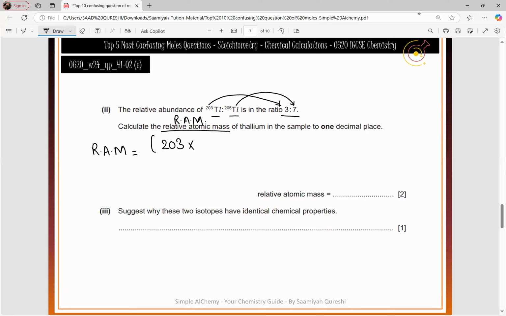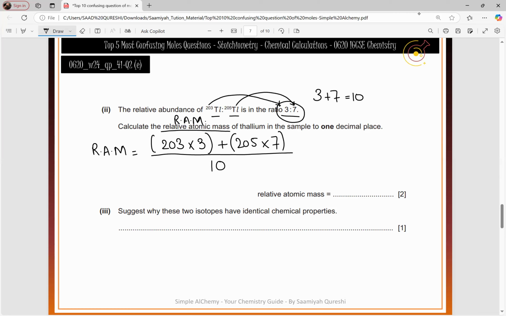So we'll multiply 203 with 3, its percentage, plus the other isotope, 205, multiplied by 7. Basically, we are multiplying the mass of every isotope with its percentage. We'll add them together and divide by the total of the percentages. One isotope is 3% and the other isotope is 7%. So 3 plus 7 gives 10. So we'll divide it by 10.